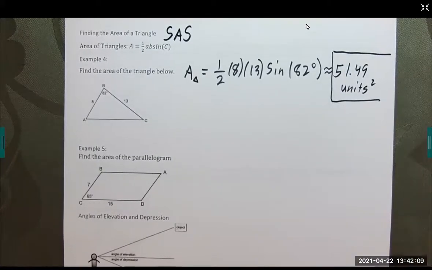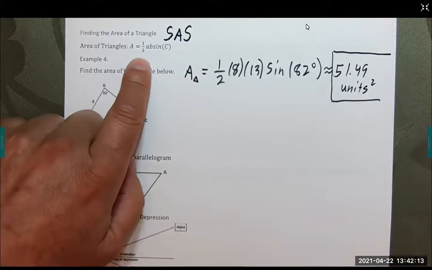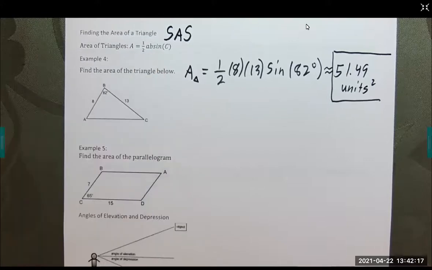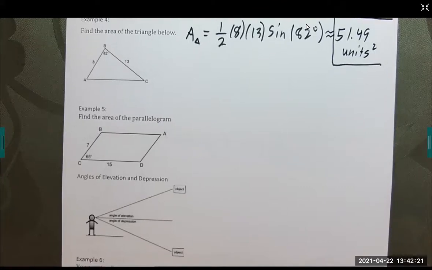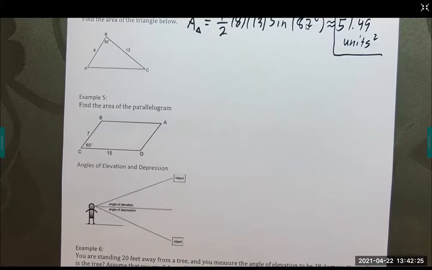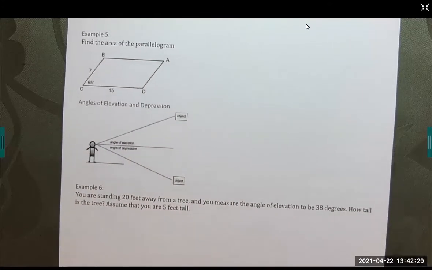Not hard. And if you know the original area of a triangle, area is 1/2 the base times the height. You can see we're getting a little trigonometry in there when we're not quite having all the information that we need to a base or a height yet. All right, let's use the same formula, but now we're going to find the area of a parallelogram.